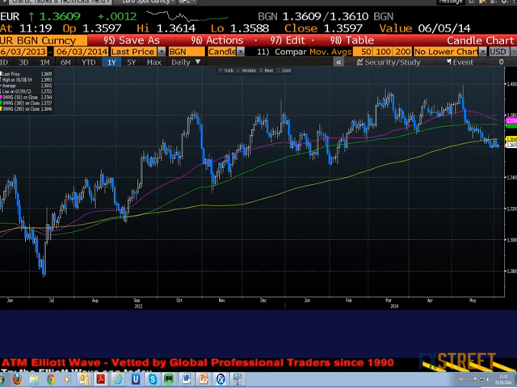The fundamental backdrop is very weak, with the ECB taking action and inflation data that would all suggest the euro should fall lower. I'm just saying it's pausing for breath a little bit, because what we do know, Manny, is that they could sell the rumor, buy the fact. So I think any move back to this 200-day here at 136.46 could be used as a bit of a selling opportunity.